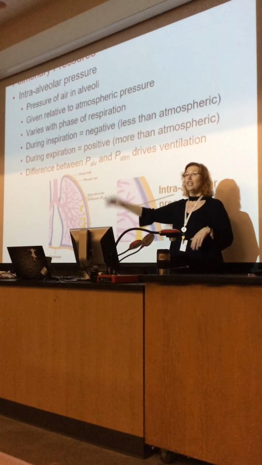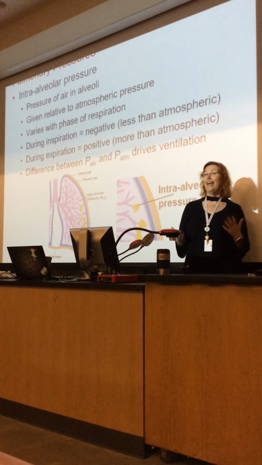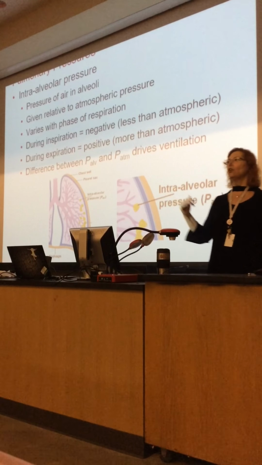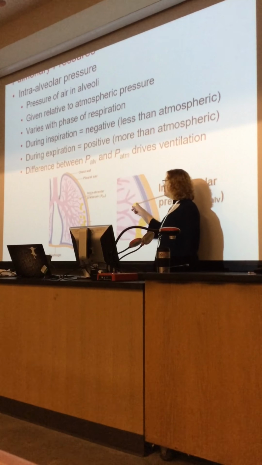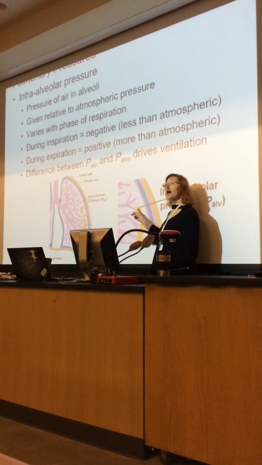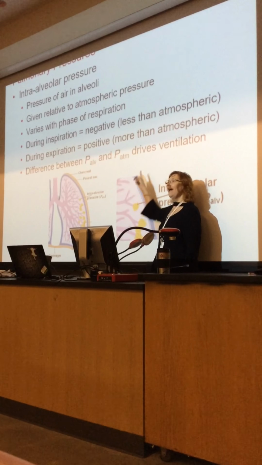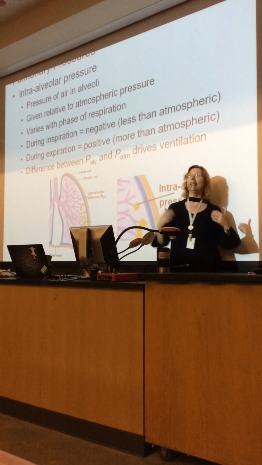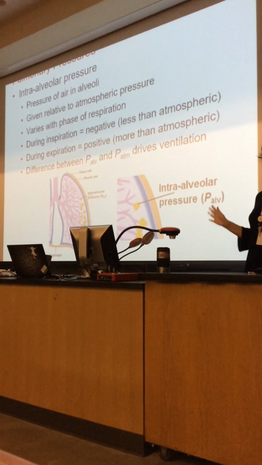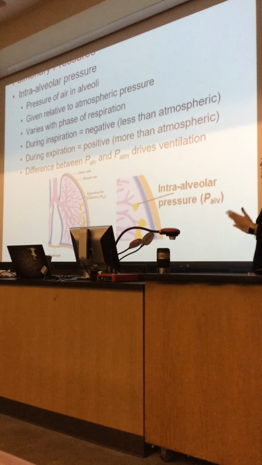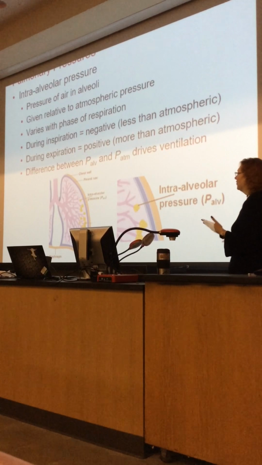Conversely, during expiration, if we want the air to leave our lungs and go out, then the pressure inside here has to be positive, higher than atmospheric pressure, in order for the air to move down its pressure gradient out of the lungs and into the atmosphere.